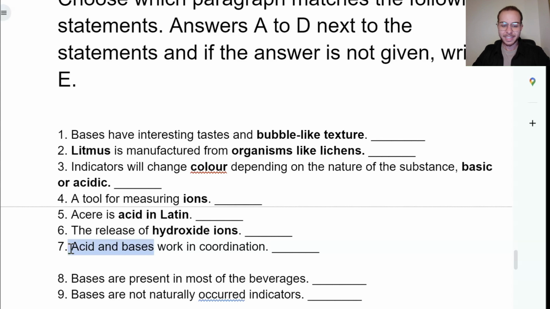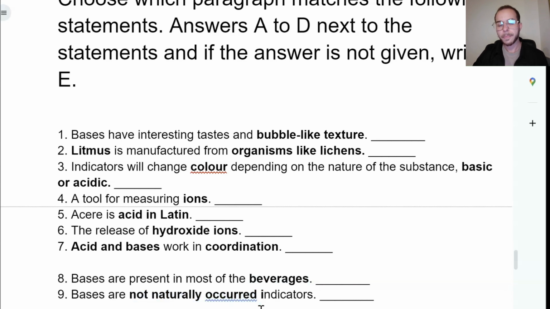So we're going to highlight that, and it'll be something about the coordination. That's pretty key. Bases are present in most beverages. Bases are not naturally occurred. Indicators. Okay. Now we're going to read each paragraph, and you will see that these words will pop up in the paragraphs. Keep a note of that.